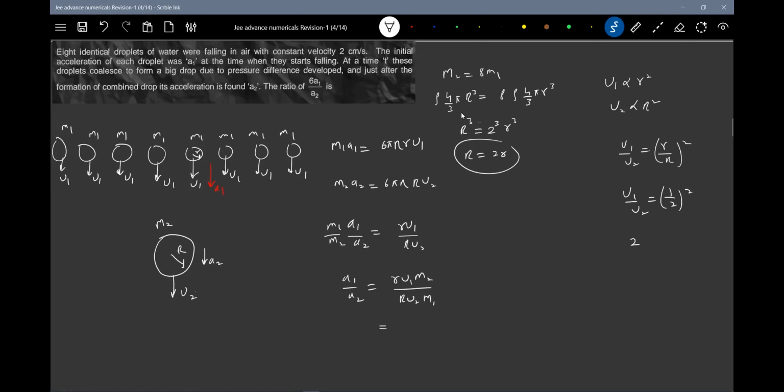So U1 is 2, and U2 is 8 centimeters per second. Small r by capital R is 1 by 2, U1 is 2, this is 8. M2 by M1 is 8.